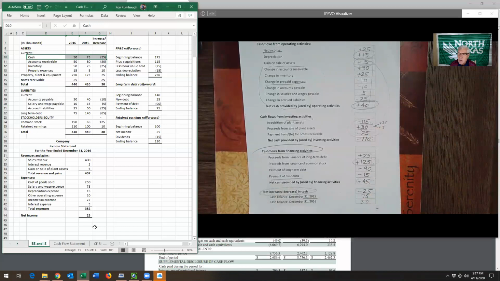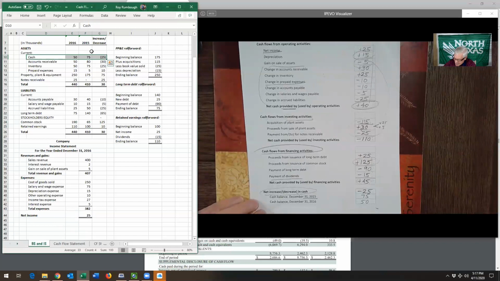Now, if you did not have the cash flow statement, all you would have is these statements here. You'd see the company made 25,000 and the cash went down by 25. Okay. Wow. Cash went down by 25. Does that tell you much of a story? Not really.